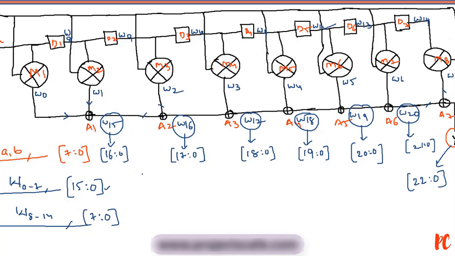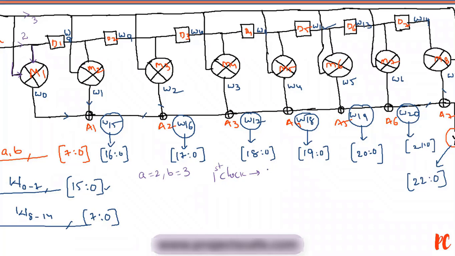It works in such a way that, let me consider A is equal to 2 and B is equal to 3. Since A is equal to 2, it is getting passed through this, and B is equal to 3, and it is getting passed through this. So initially for the first clock, 2 is getting passed and 3 is getting passed. So my output will be 2 times 3, nothing but 6.